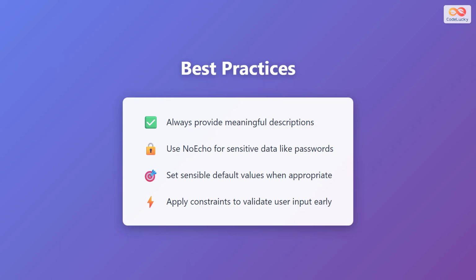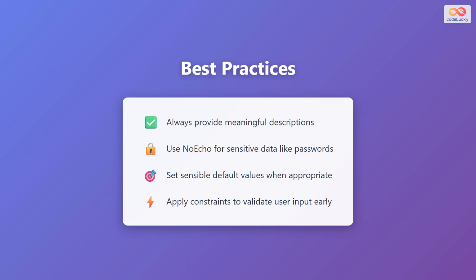Let's wrap up with some best practices for working with parameters. Always provide meaningful descriptions that clearly explain what each parameter does and what values are expected. This helps other team members understand your templates. Use NoEcho for sensitive data like passwords, database credentials, or API keys to prevent them from being exposed in logs or the console.